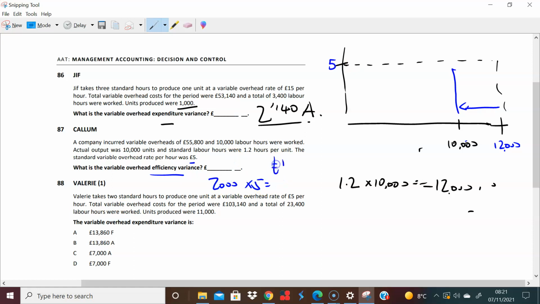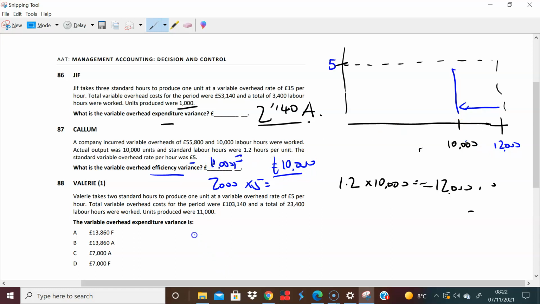You have a favorable variance because you built these 10,000 units with 10,000 hours as opposed to what we expected you to use, which was 12,000 hours. So a saving of 2,000 times 5, that's 10,000 favorable.